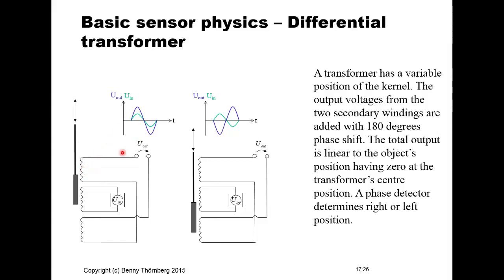But when the kernel is approaching the lower secondary winding, there will be a 180 degrees phase shift. The closer to the end, the more this winding will contribute to the output voltage, and the more to this side, the more this secondary winding will contribute to the output. And we will have an output voltage that is more or less linearly proportional to the position of the kernel.